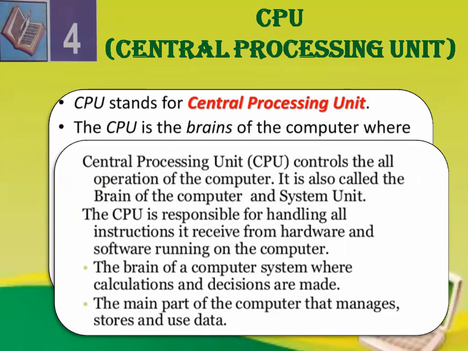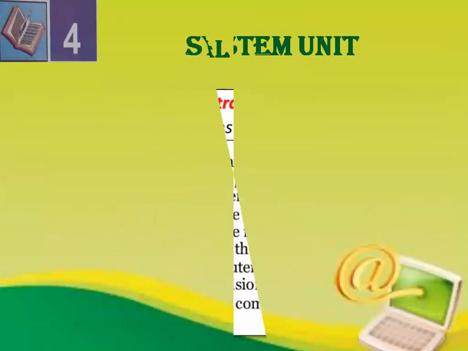So CPU is a very important part of our computer system and the system unit. It is the central and major part of the computer system. It is called the brain because it works like a main part, like a human being. In a human being, we have a brain which controls all the activities. Like that, in the computer the CPU is the important and central part of the computer system.